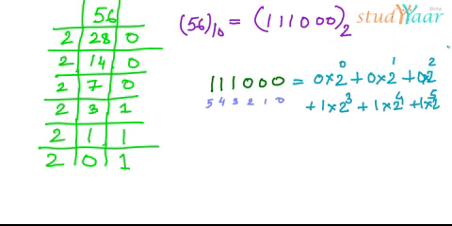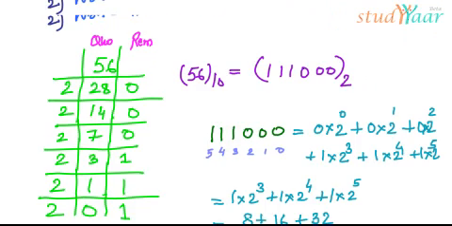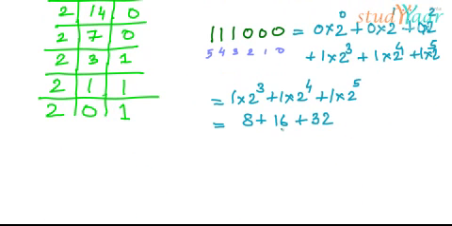So what is the final value? 2 raised to 3 is 8, 2 raised to 4 is 16, and 2 raised to 5 is 32. And what is 32 plus 16? It is 48, and 48 plus 8 is 56.